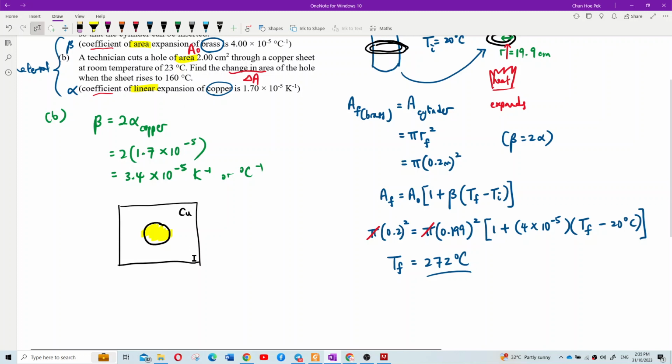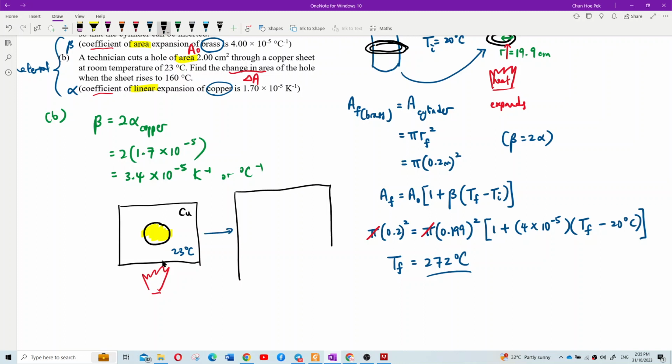That means this copper sheet is being heated up, from 23 degrees Celsius. So it becomes a bigger sheet, with a bigger area and a bigger hole, because the whole thing expands when heated up to 160 degrees Celsius.